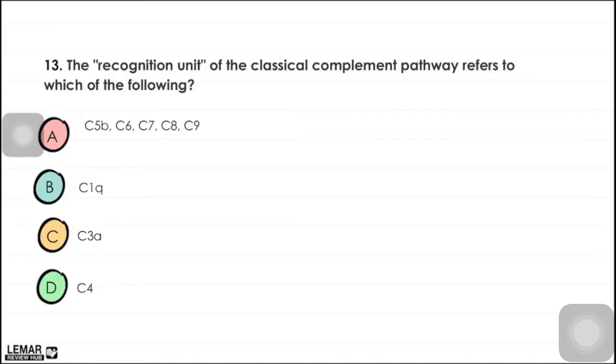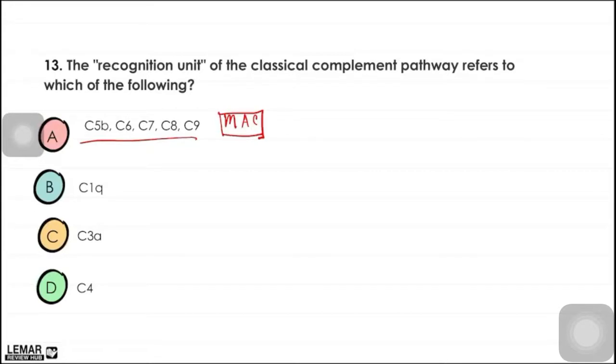So C5b, C6, C7, C8, and C9 make up the membrane attack complex or the MAC. Cell lysis occurs through the formation of the MAC, consisting of C5 to C9.